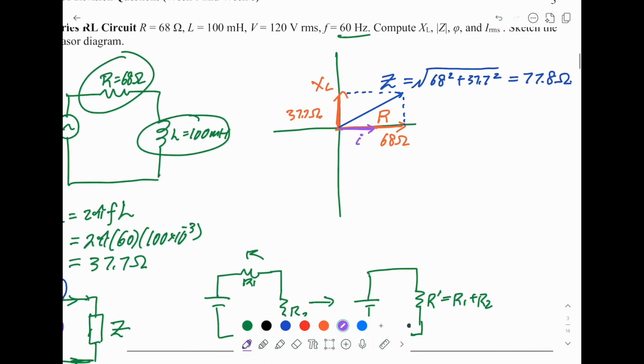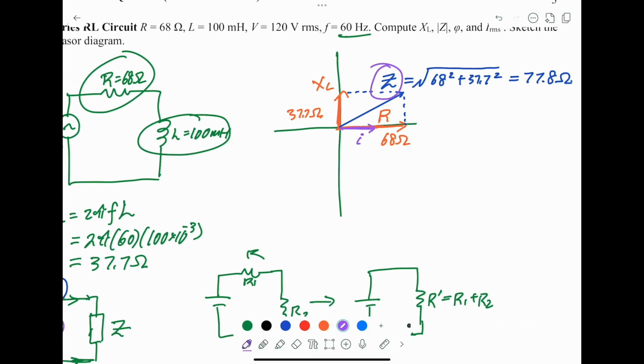So the source is along the complex impedance, and we find this theta, which is arctangent of 37.7 over 68 ohm, and you will find this is equal to 29.0 degrees, positive, remember.